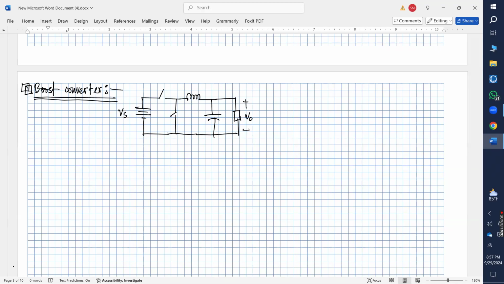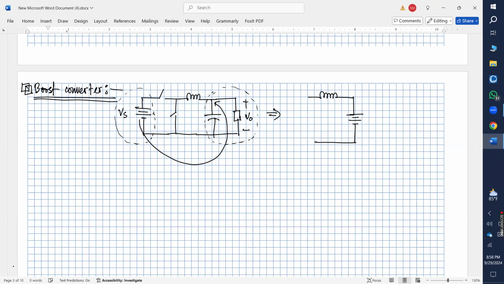So what we will try to do here is that we will keep these things and we'll switch this in such a way that we'll put this source next to the inductor. So let me draw this. Suppose you have an inductor, then this side it is connected to the source.